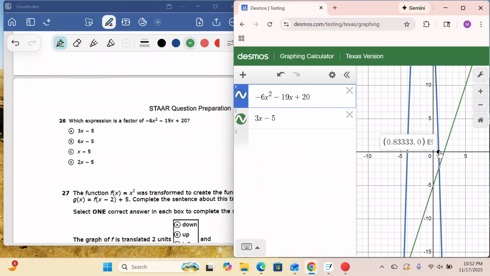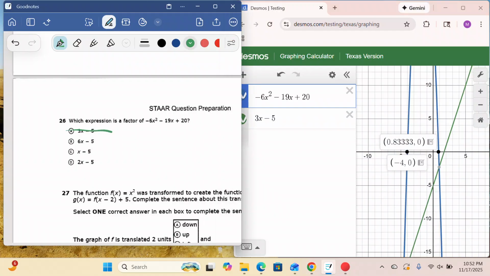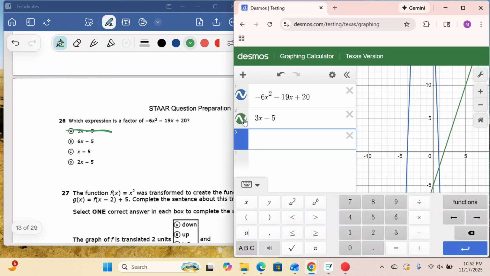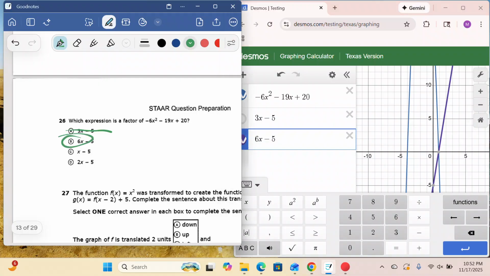No, it doesn't pass through my 0. So this one is not a correct answer. So A is wrong. Then I'm going to unhighlight this one and put in my second one. The next one is 6x minus 5. There it is. The answer is B.